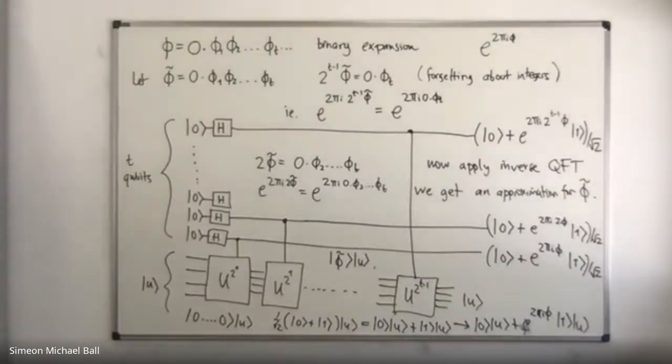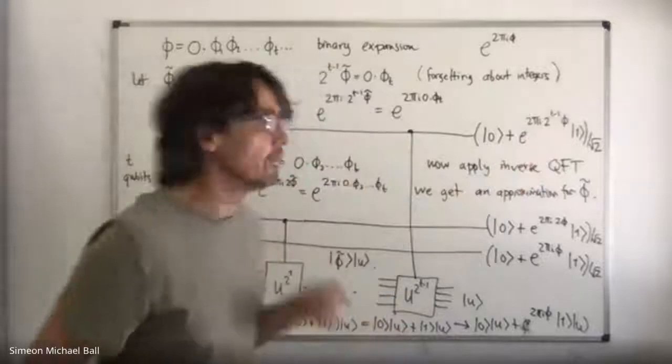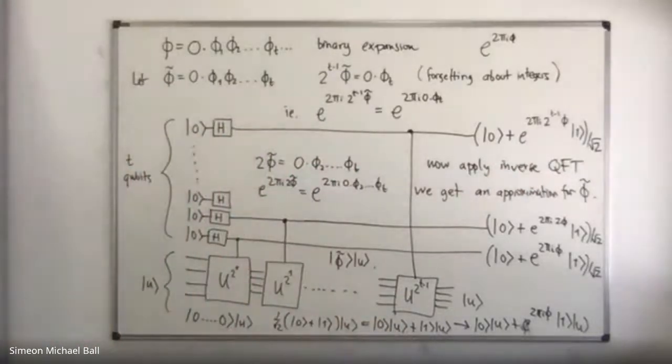Yeah, it's not quite, is it? Because this is most definitely phi, and not phi twiddle. But phi and phi twiddle are very, very close to each other. So it's still an approximation. In what way do we get an approximation?